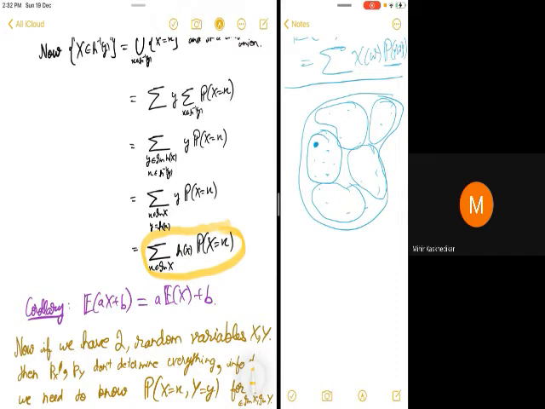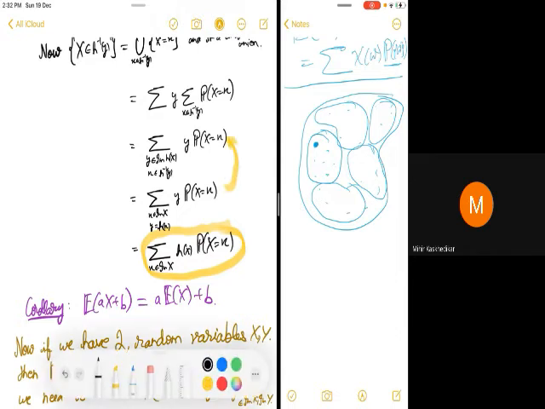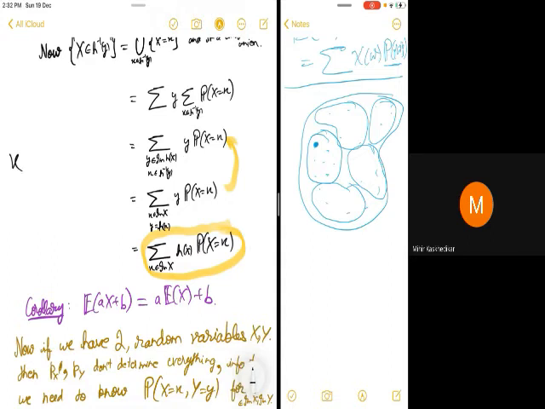Now in this sum, we can take all those small x such that h of that small x is y, which is fixed.